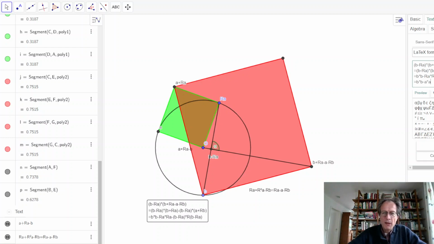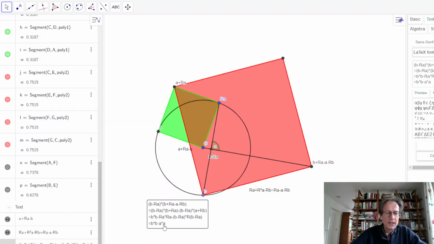So what we have found is that this evaluates to B dot B minus A dot A. And because both are on a circle, they have the same length. So basically this is the square of the length of B and this is the square of the length of A. Since they have equal length, this must be 0.